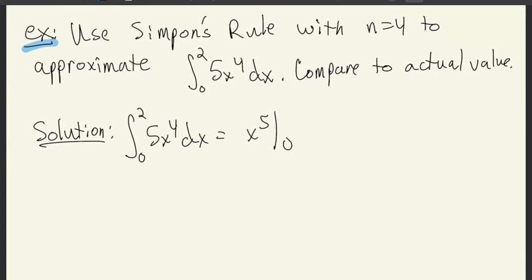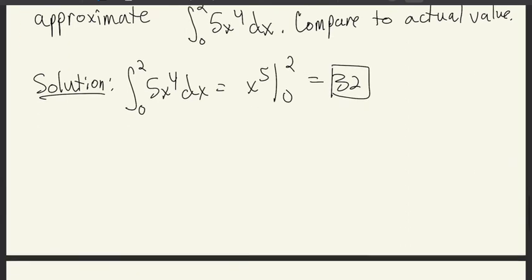Solution: the integral from 0 to 2 of 5x to the 4th is x to the 5th, evaluated from 0 to 2, which is 32.